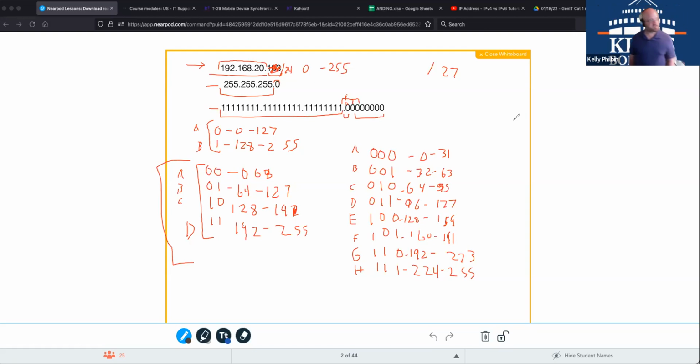Rahel, if this was a /26, not a /27, and my last octet was 83, which one? 64 to 127. Perfect. She jumped over to the other ranges for /26, 64 to 127. It would fall in that range right there.